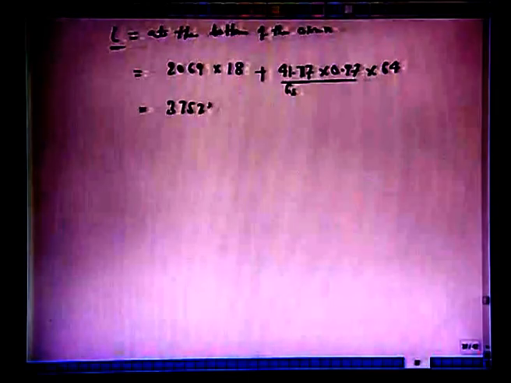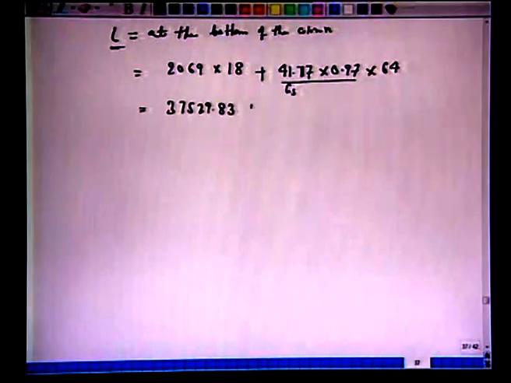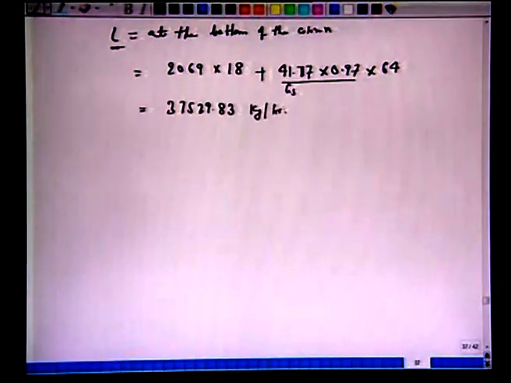Well, we know the GS, 4.41.477, that is our GS, multiplied by 0.97, because 97% is removed. So, whatever is removed, it gets into this water phase. So, this is the amount of sulfur dioxide which has gone into this water phase, into 64 molecular weight of sulfur dioxide. So, this will be 37529.83 kg per hour of liquid flow rate, the maximum flow rate which you have for the liquids, right.